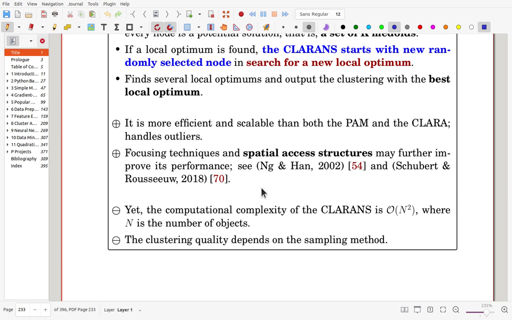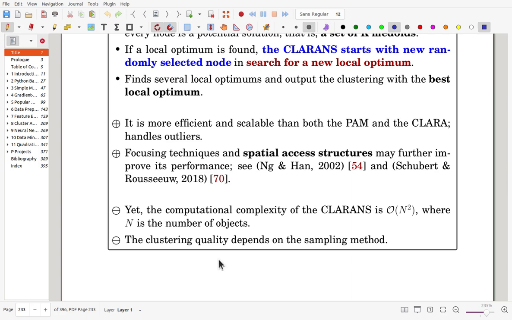And by using some special techniques, it can further improve the performance. However, here is also the weakness: the computational complexity of CLARANS is order n squared, where n is the number of objects, and the clustering quality depends on the sampling method.